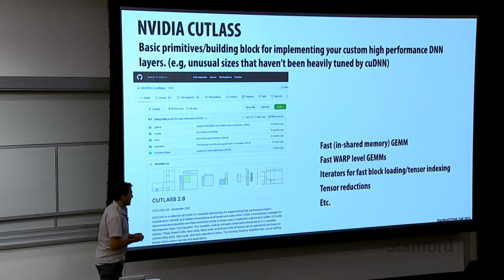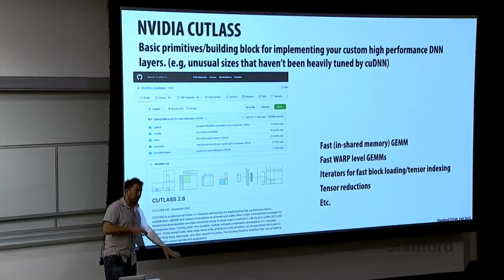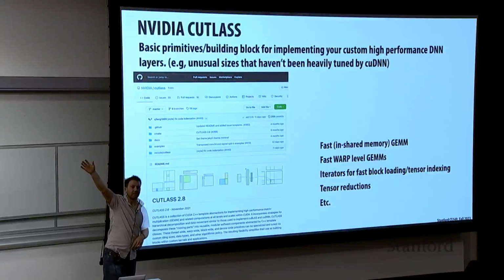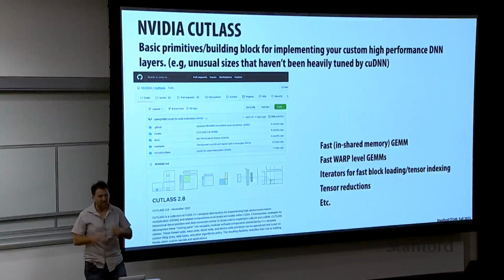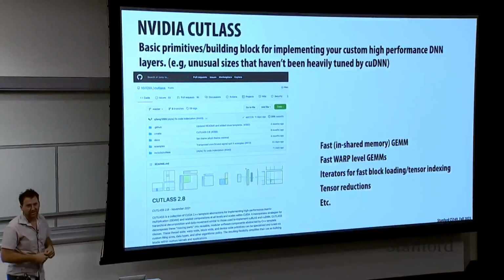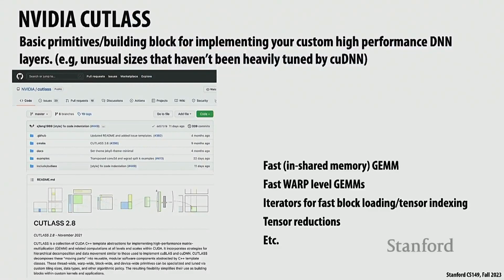So this is short of writing your own good CUDA assembly on the low end and using TensorFlow on the high end, Cutlass is something in between. You're like, I want to implement my own deep network because I want a really small network running as fast as possible on an NVIDIA GPU. This is not a very user-friendly library.